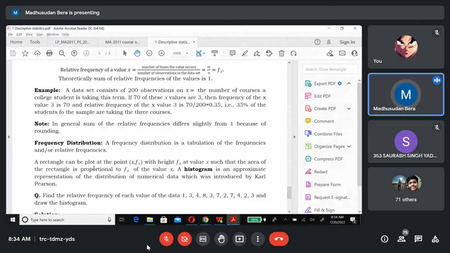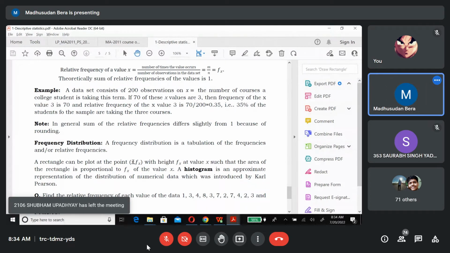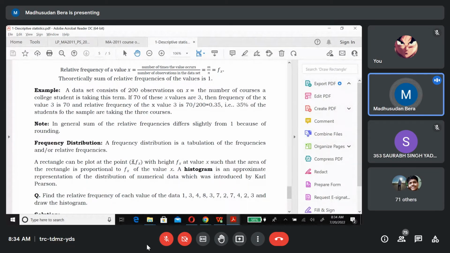A rectangle can be plotted at a point x, fx with height fx, where x is the value and fx is the corresponding frequency, or relative frequency, whichever we take, such that the area of the rectangle is proportional to fx of the value of x.